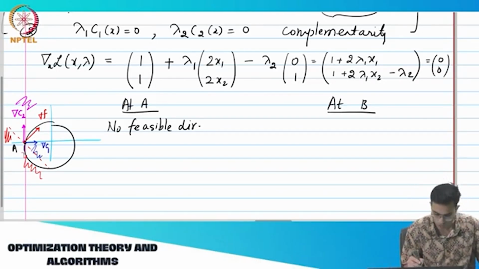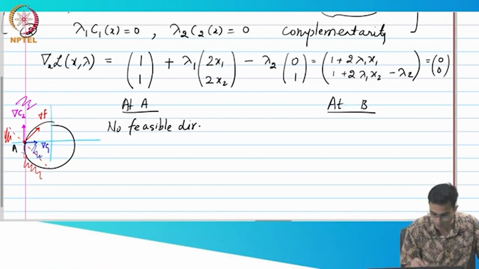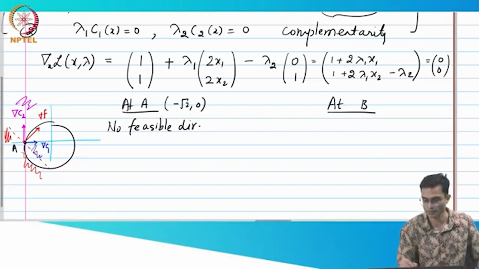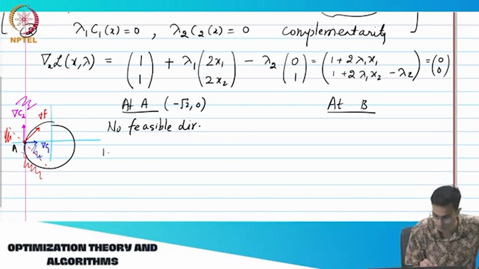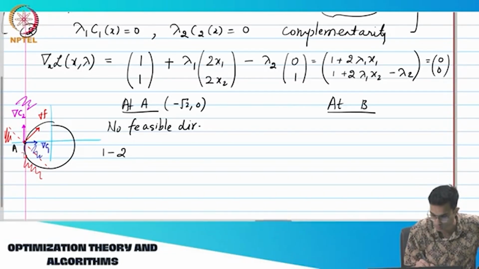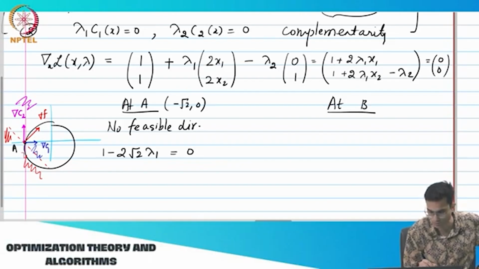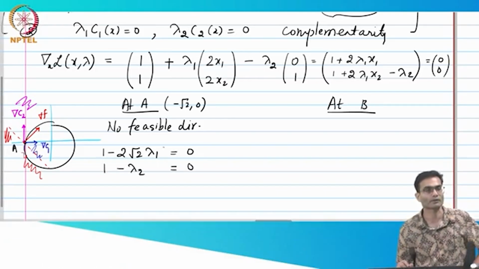Okay. So, here, what was the coordinate? Minus root 2, comma 0. I can substitute this coordinate into the equation that I have over there. So, what does it say? I'm going to get 1 minus 2 root 2 lambda 1 equal to 0, and the second condition is going to give me what? x2 is 0, so I'm left with 1 minus lambda 2 equal to 0, right?